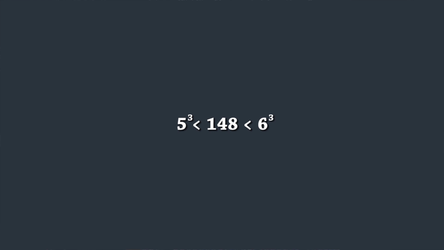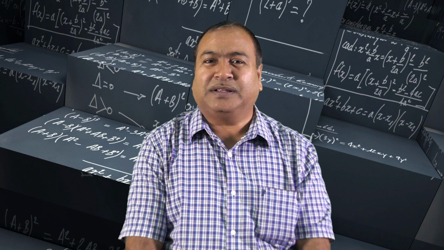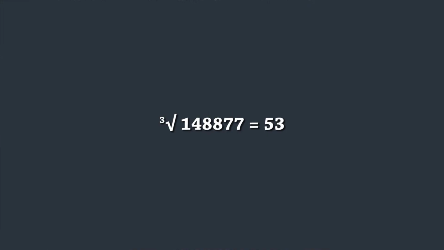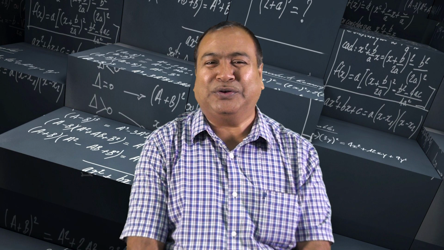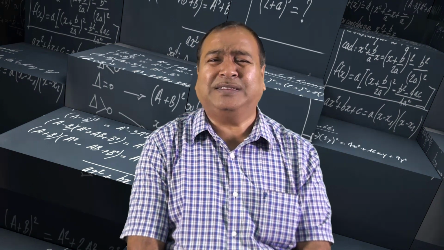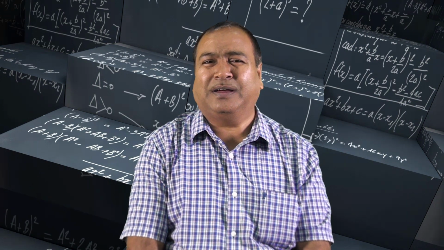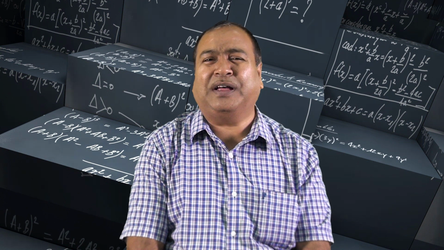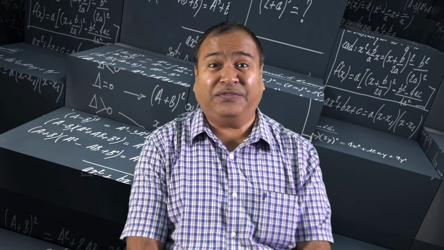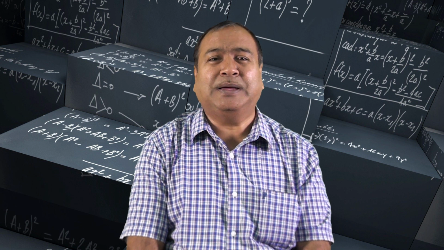By considering the smaller number in the above inequality, the tens digit in the answer must be 5 only. Hence, the cube root of 148,877 is 53 only. Do you find it very interesting? So like this, we can apply this technique on large digit numbers and find the answers very easily if the given number is a perfect cube number.